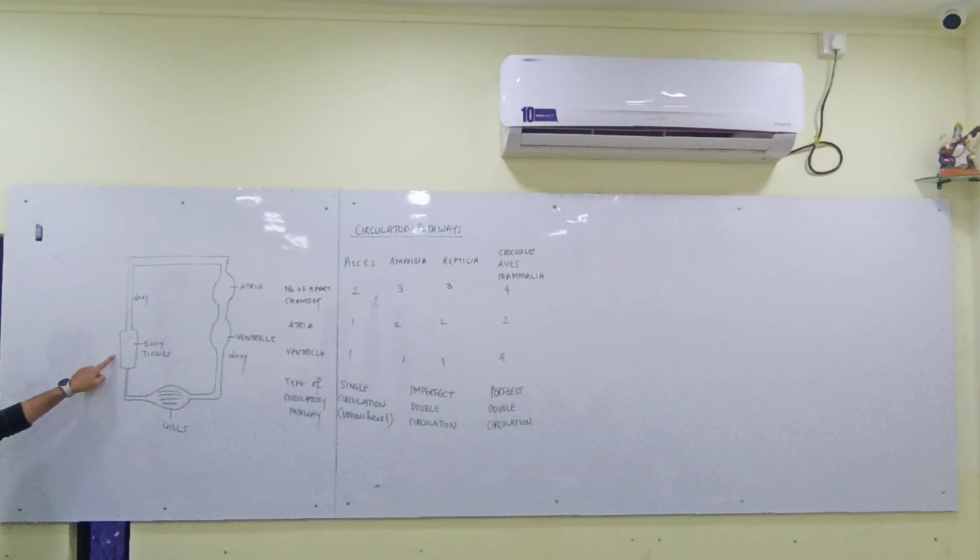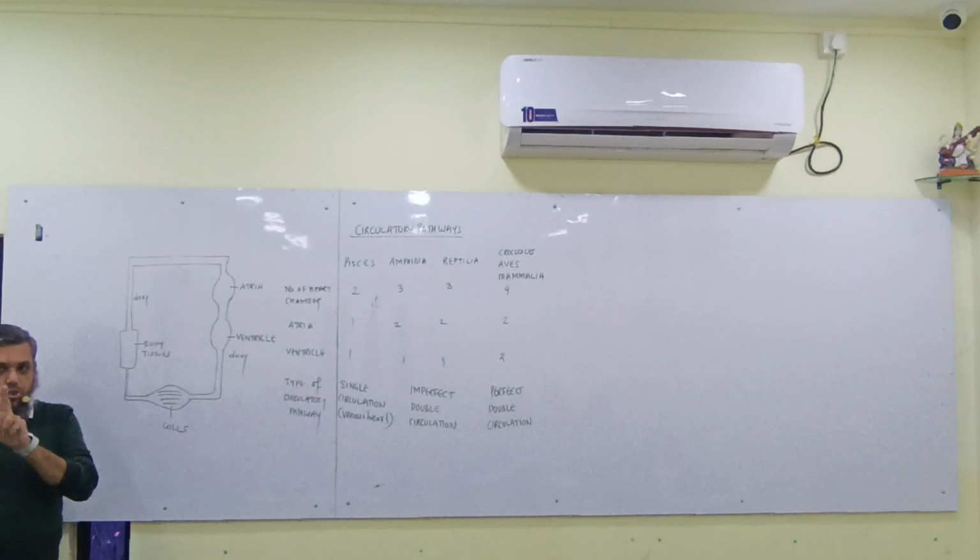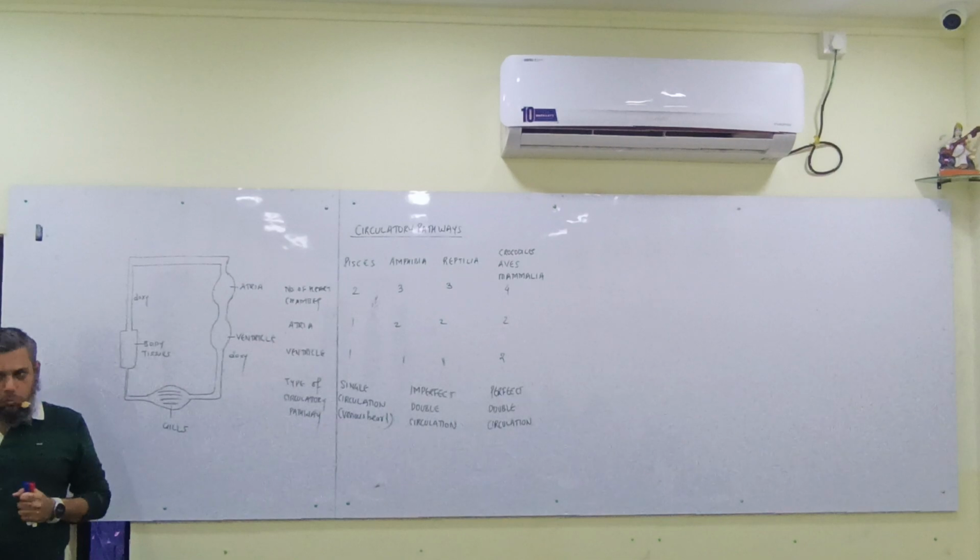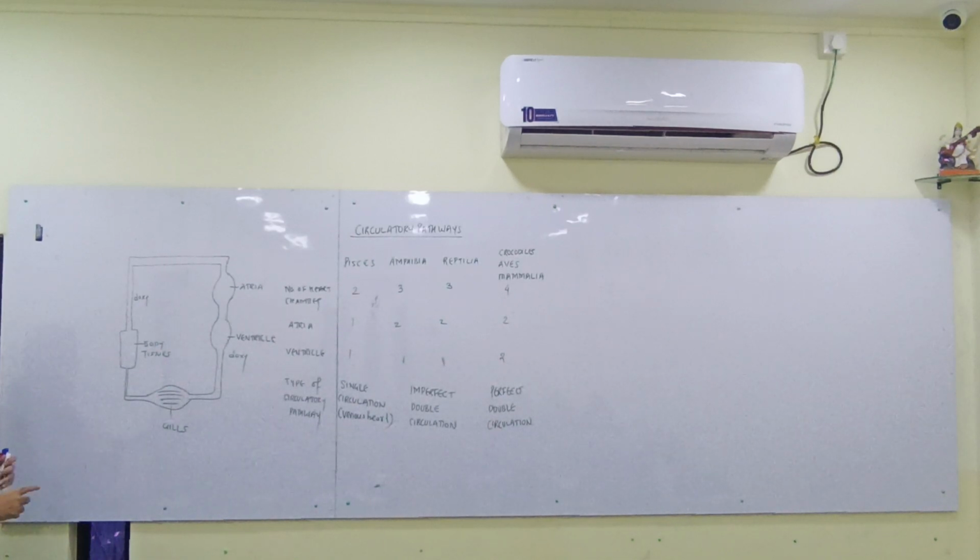So that is why it is called single circulation. There are no two separate pathways, one for respiratory, the other for body tissues. You have only one pathway which supplies the gills and the body tissues. So it is called single circulation.